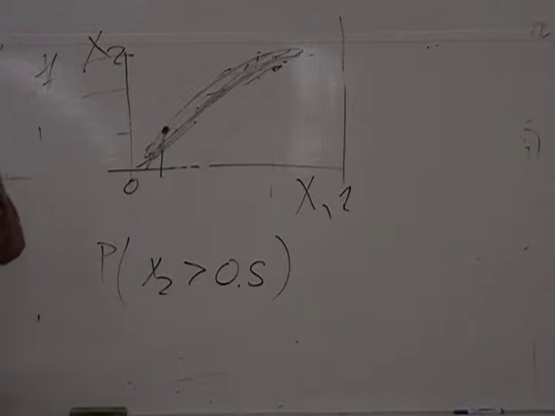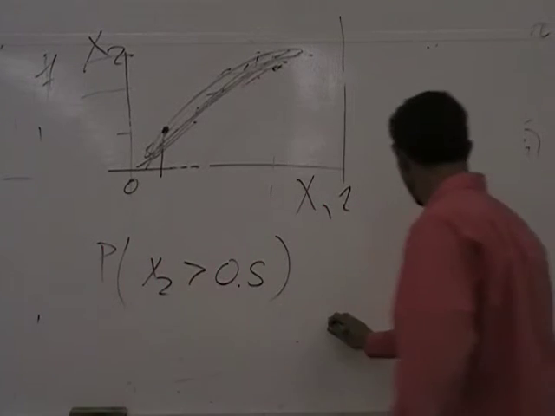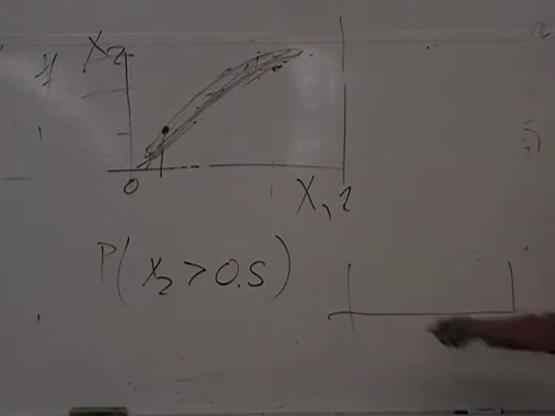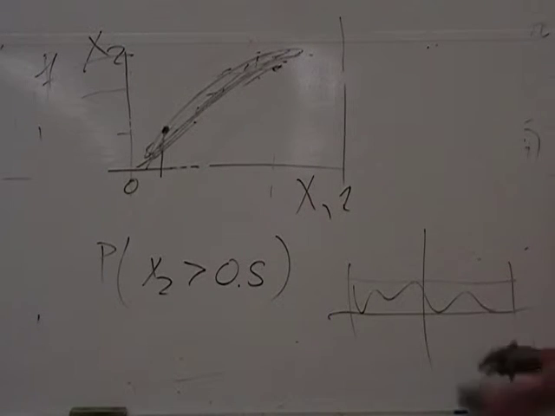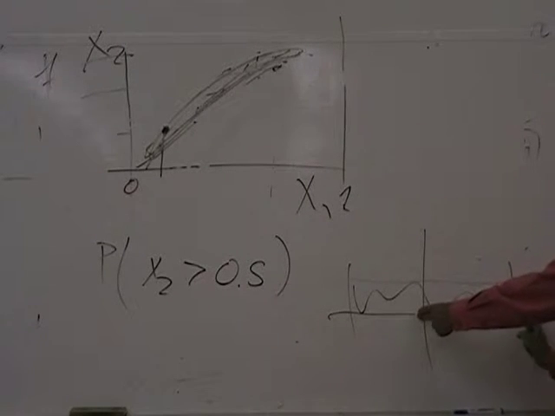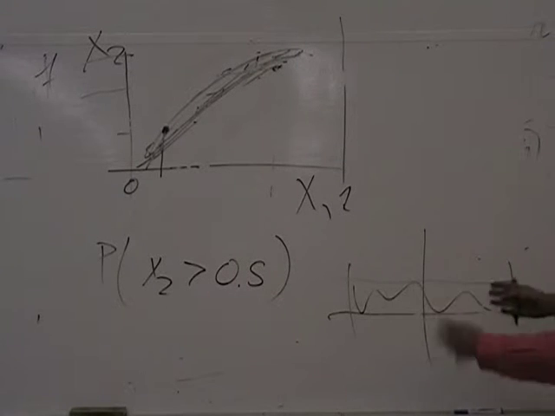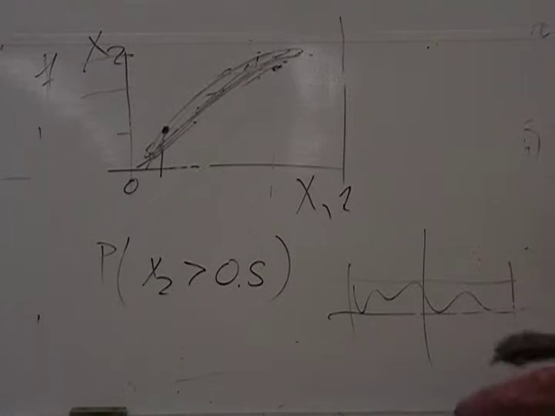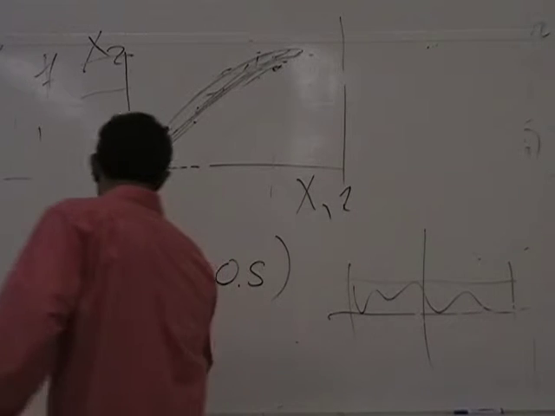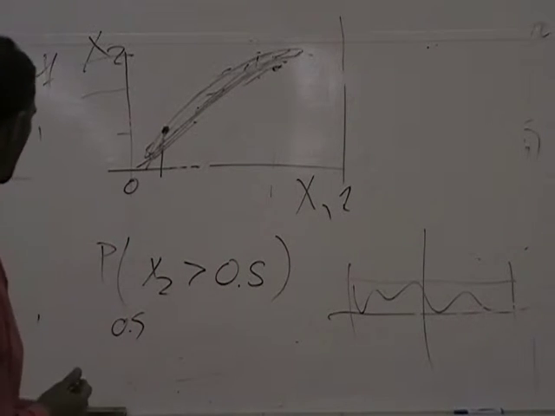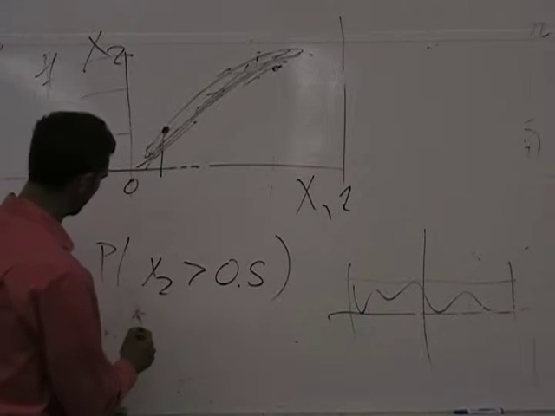This is nothing fancy, a univariate probability of this uniform distribution, and half the values are in the upper half. So, 50%.